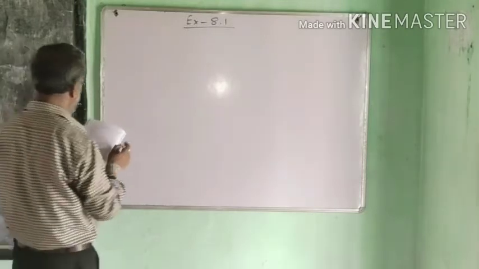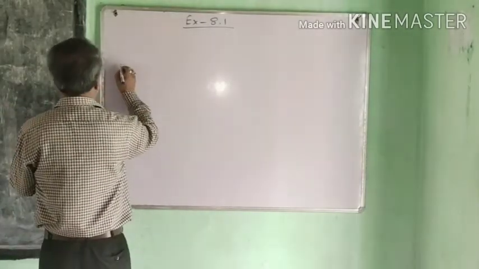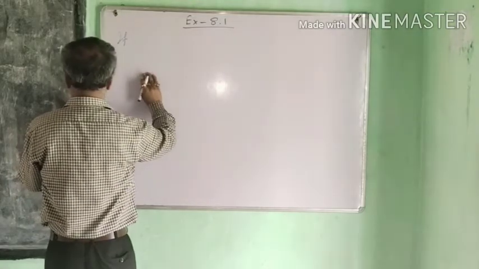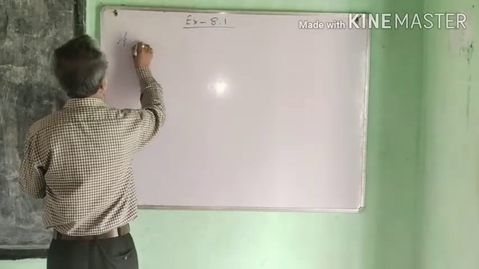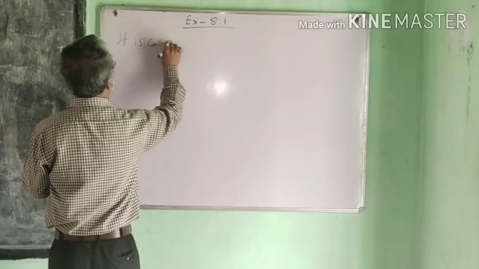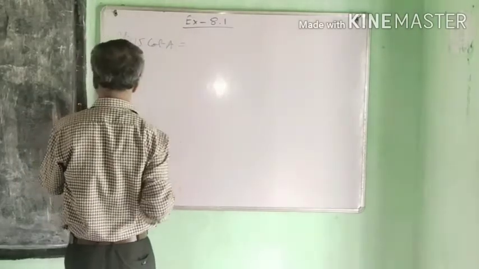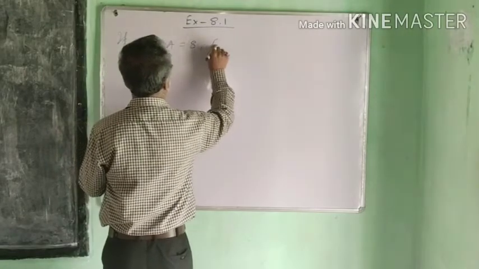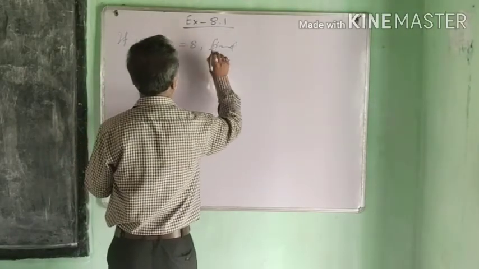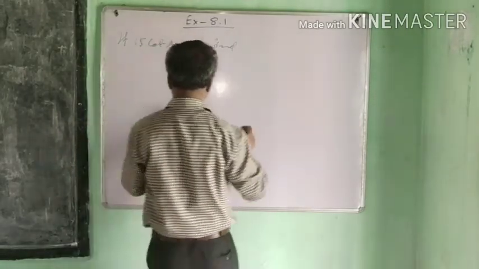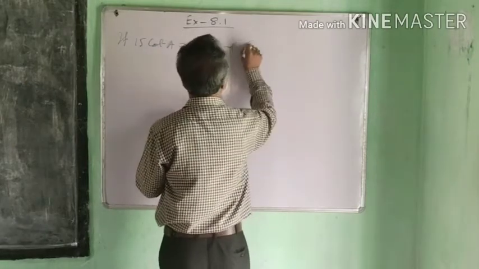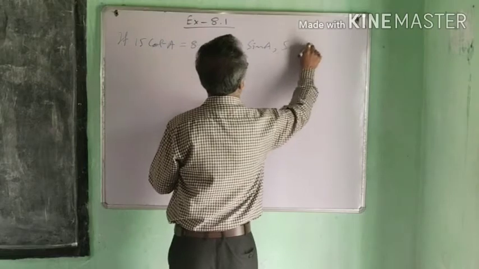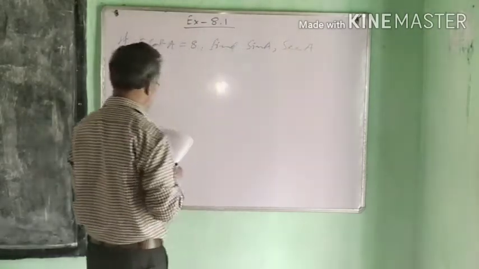Question number 4 is: given 15 cot A is equal to 8, you have to find sin A and sec A. How will you find it?